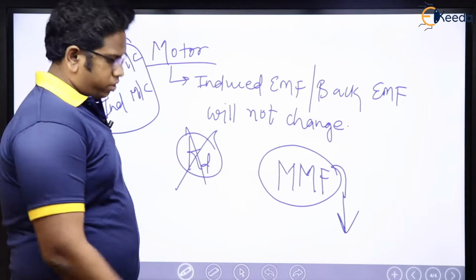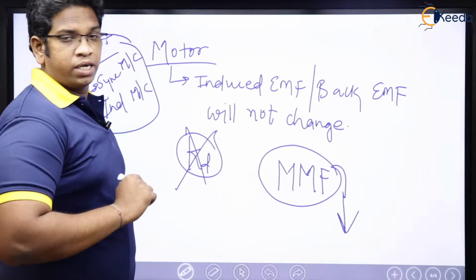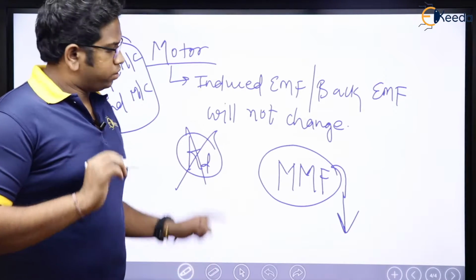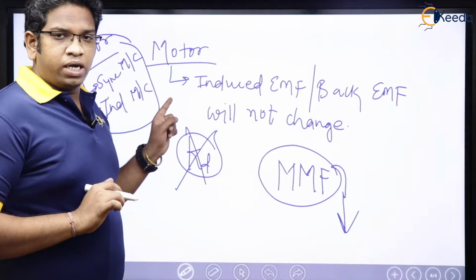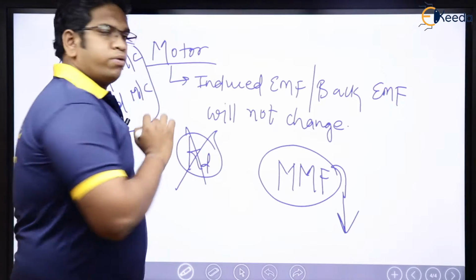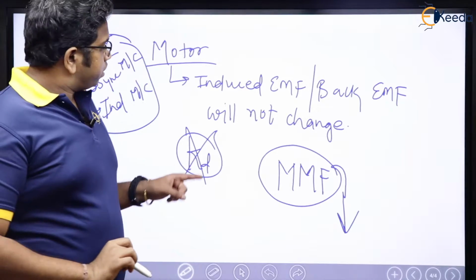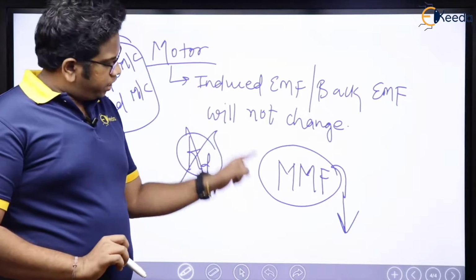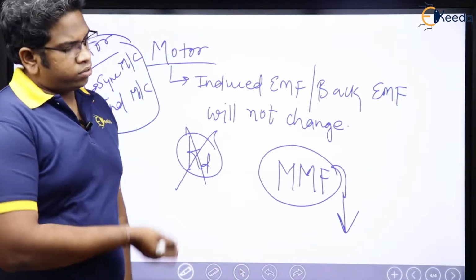Don't worry. Let us see how MMF is going to be reduced in case of motor. I am again repeating the statement: because of distribution of winding, in case of motor, net MMF will be reduced. How is it reduced? Let us see that.